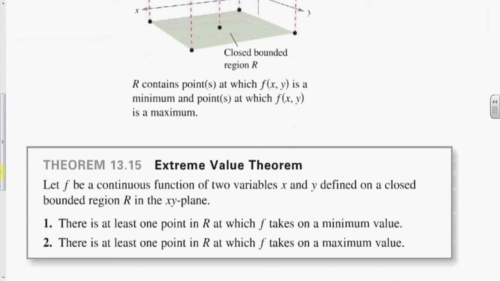The key here, the reason why you have an extrema, is that, again, the space or the region is closed. That's the key. Then there exists at least one point in R at which f achieves a minimum value, and there is one point where the function f in the region achieves a maximum value.